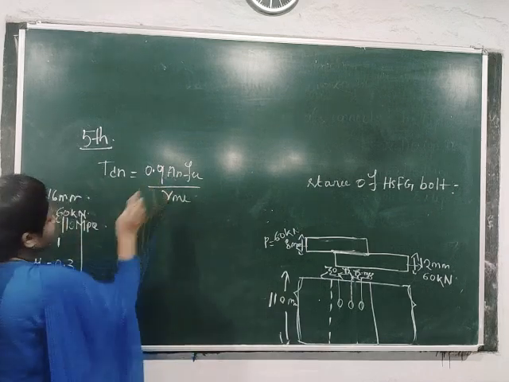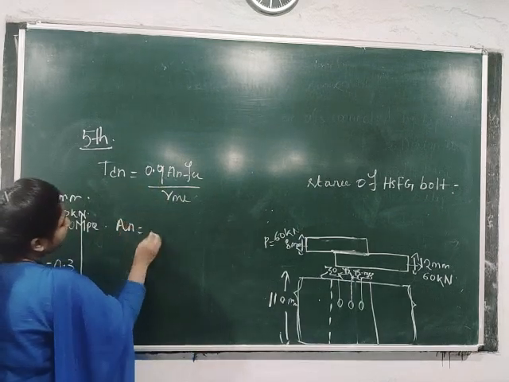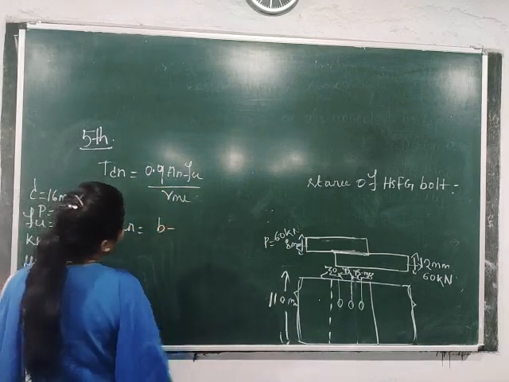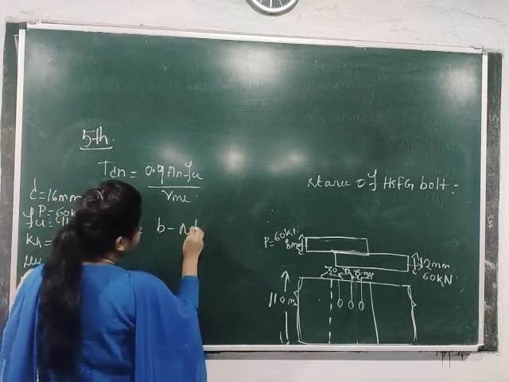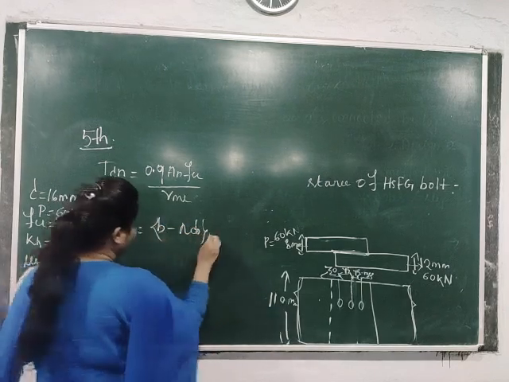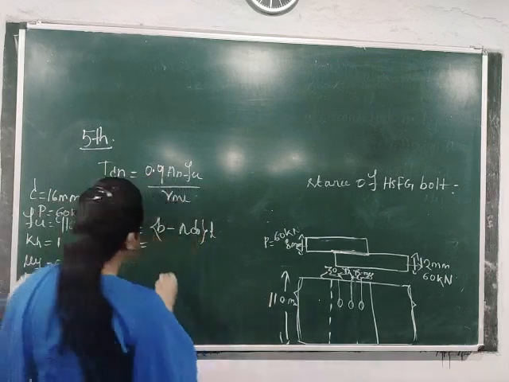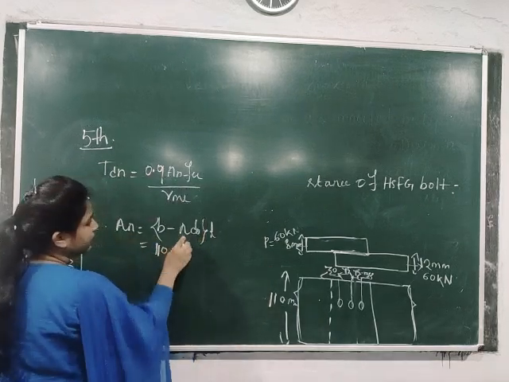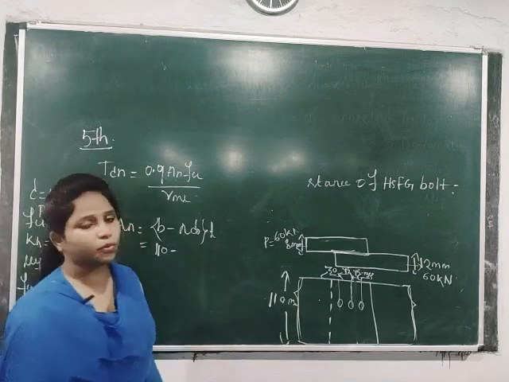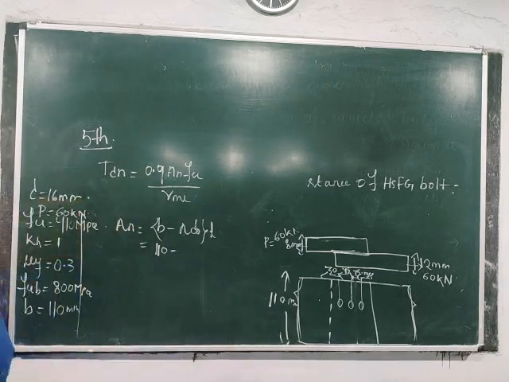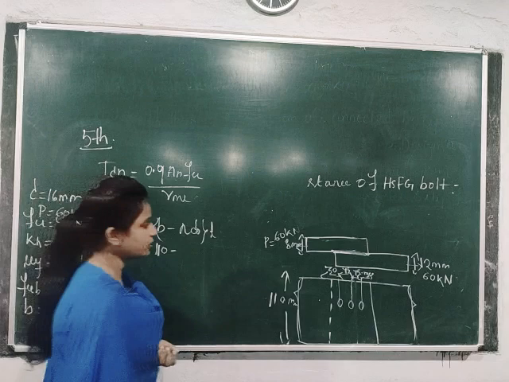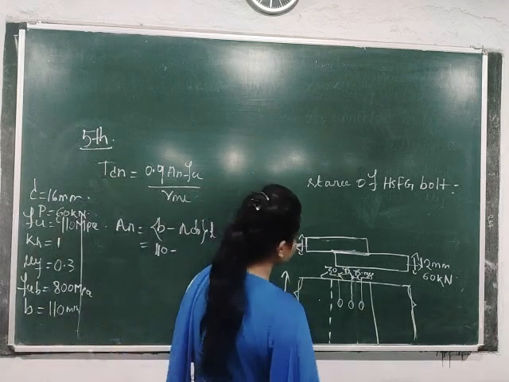Then calculate the net effective area. That can be calculated by the formula (B minus N d naught) into T. Here the width of the plate is 110, then minus N, where N is the number of bolts present in the critical section, the section which we are taking.